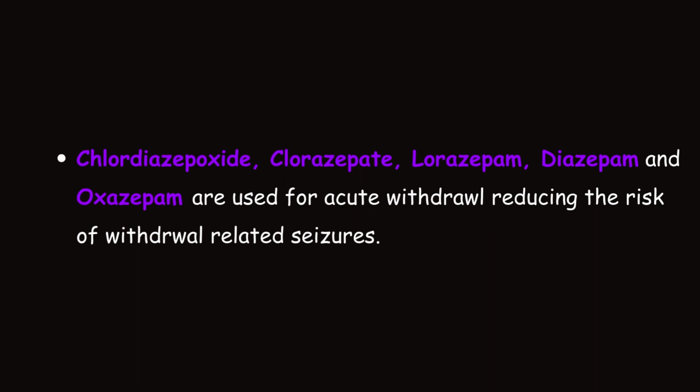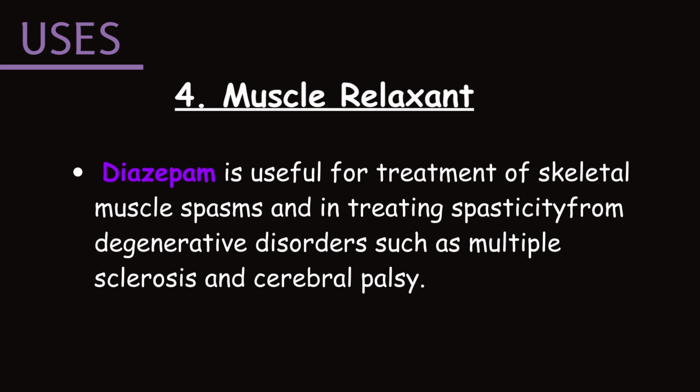Lastly, we have their use as muscle relaxants. Diazepam is useful in treatment of skeletal muscle spasms and in treating spasticity from degenerative disorders such as multiple sclerosis and cerebral palsy.